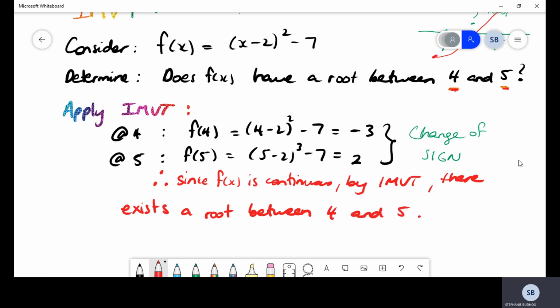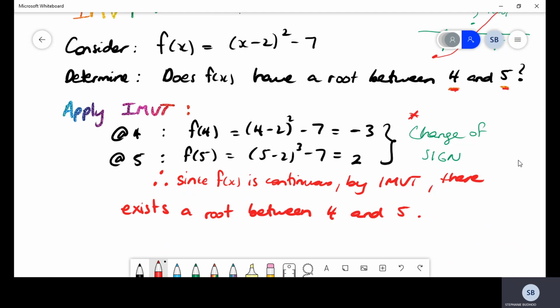So make sure when you're answering this question, if they're asking you to determine in the first place whether a root exists, you apply your intermediate value theorem. You are looking for that change of sign taking place, which would highlight that the graph is cutting some axis. Hence, a root must exist between those two values. And that's essentially how you would prove that roots exist between intervals.